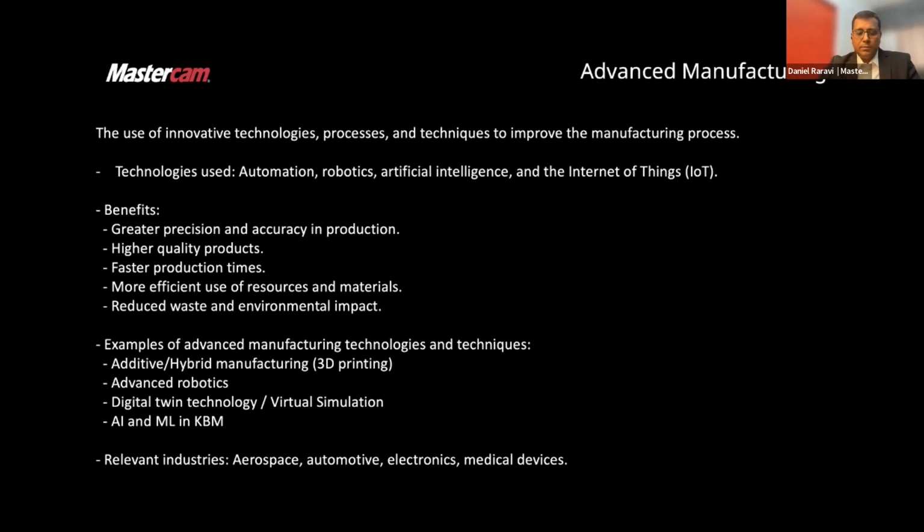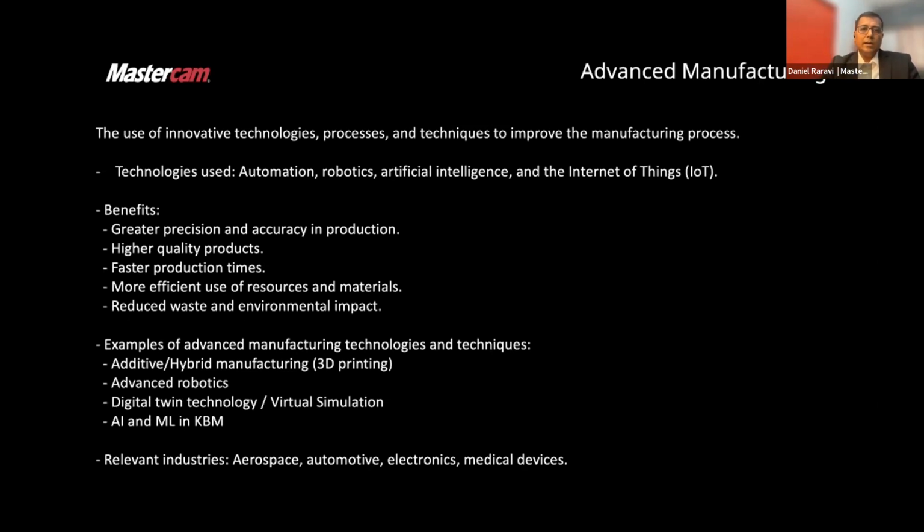What has happened in the recent past is we've been able to manage the simplification or the easy access to information, to computing power using information technology, and then applying engineering practices or manufacturing practices within this domain in order to reap benefits such as greater precision or accuracy in manufacturing processes, to have better quality products, to get faster production times, and to make better utilization of resources and materials.